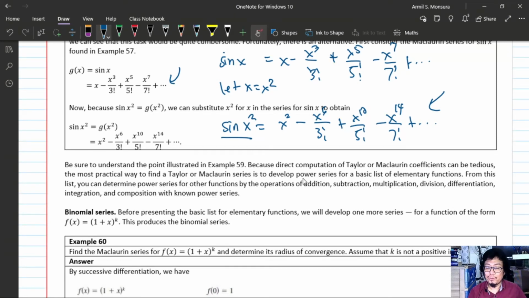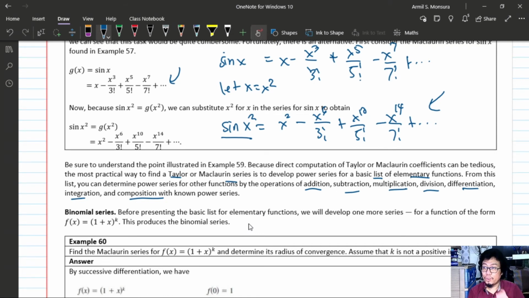We need to develop a list of the Taylor or Maclaurin series for some elementary functions. From this, we can determine the power series for other functions by addition, subtraction, multiplication, division, differentiation, integration, and composition. That's the approach that we would like to do here.